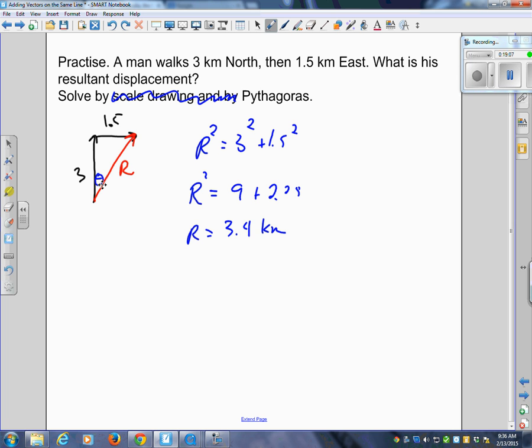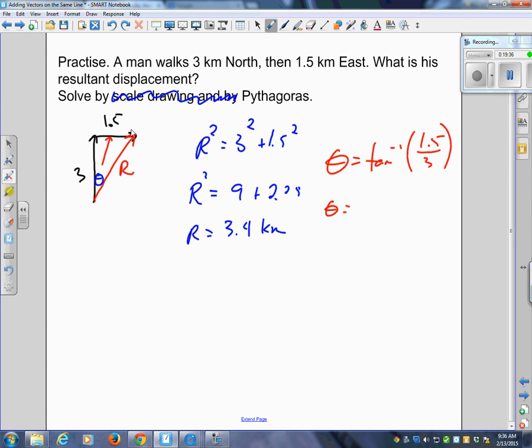Okay, so opposite to that is 1.5, right? So you would just write theta equals inverse tan, opposite over adjacent. What's the opposite? 1.5. What's the adjacent? 3. So you go on your calculator, 1.5 divided by 3, and then you go second function tan.